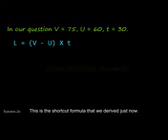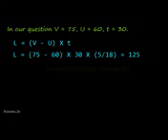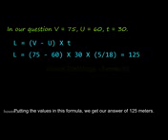Let us now use the shortcut formula for solving our question. This is the shortcut formula that we derived just now. Putting the values in this formula, we get our answer of 125 meters.